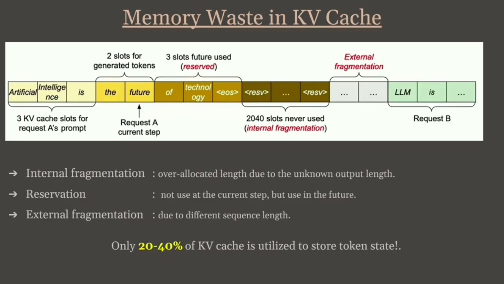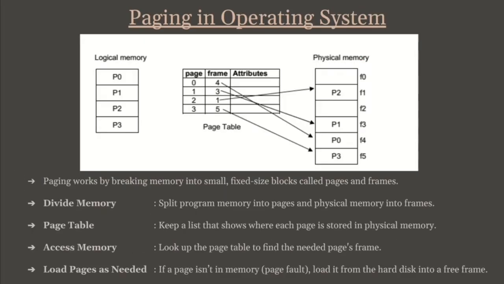By using PagedAttention, we can overcome all these problems. Before we talk about PagedAttention, let's talk about paging in operating systems. Paging works by breaking our memory into small fixed-size blocks called pages and frames. Here we can see that logical memory is divided into blocks called pages and the physical memory is divided into frames.